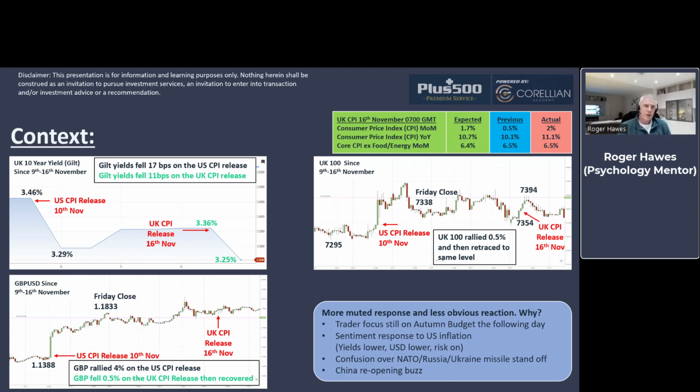Now, if I can add comment to the context side of things, what happened to stop these markets moving the way they should have done? For me, there were a couple of real big ones that weren't there in the US release and would have made me think differently about whether I should have even traded this UK CPI release. The big one from a local perspective was that the market was actually waiting for the autumn budget 2 days later.